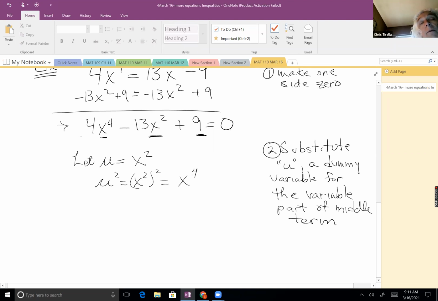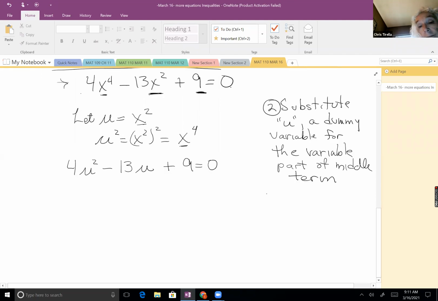And so now wherever there is an x, we're going to replace it with something in terms of u. X to the fourth is u squared. X squared is u. And then we've got that 9. That gives us a quadratic equation that we'll solve. So we'll solve the resulting quadratic.